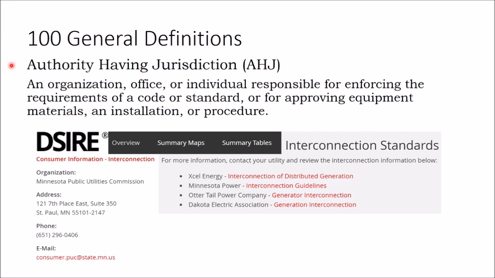There is an authority having jurisdiction that can supersede code, requiring additional items beyond the minimums established by National Electric Code. And if you ever find a jurisdiction that is not abiding by National Electric Code, usually there has to be a very clear reason why. It's very rare for that to happen. They might not follow code out of ignorance. Code is a big book.